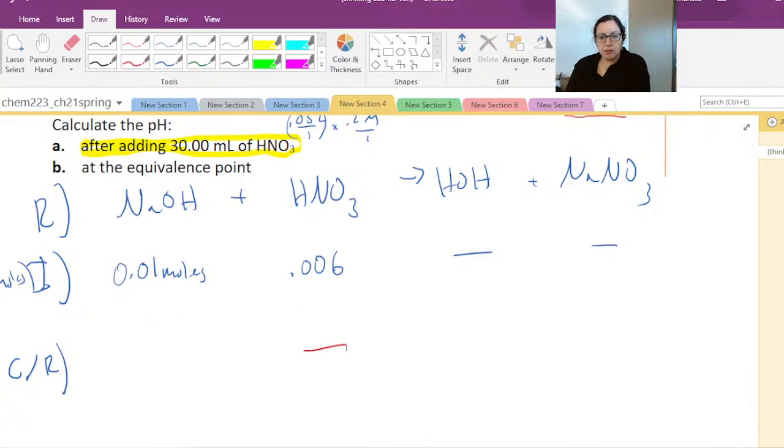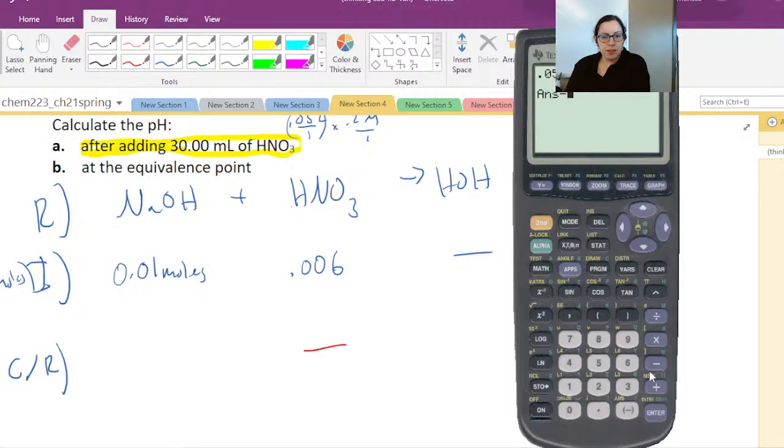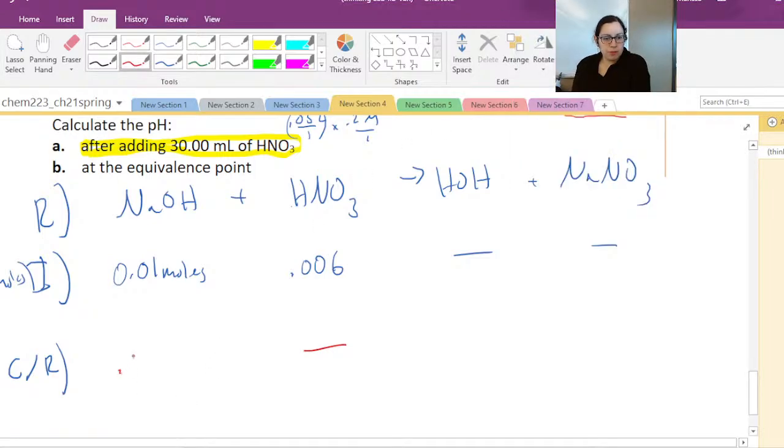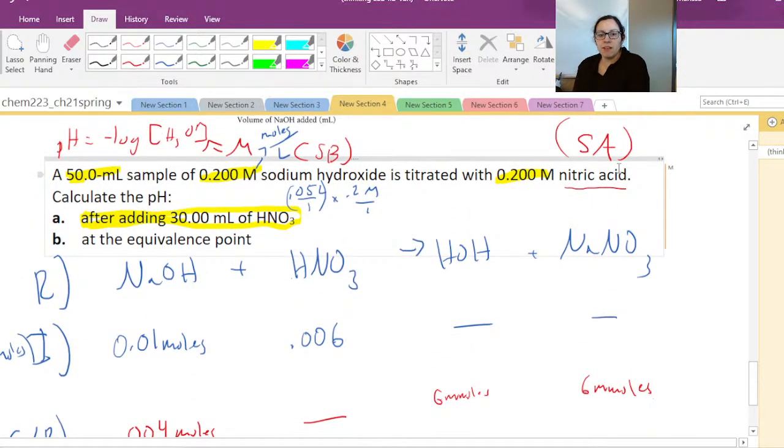And now I need to do a little math, so minus 0.006, so we're left with 0.004 moles of NaOH. And then of course we make 6 millimoles of salt. Not that these species matter, because in this case our salt is neutral. Strong acid, strong base, so we don't have any equilibrium to consider.